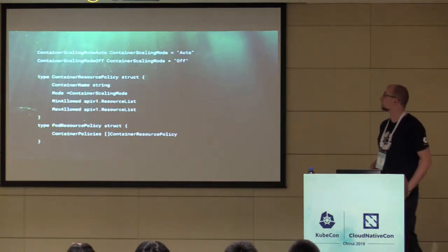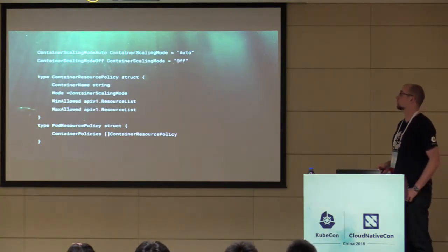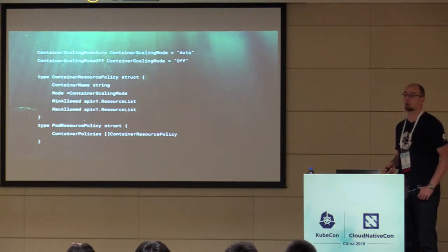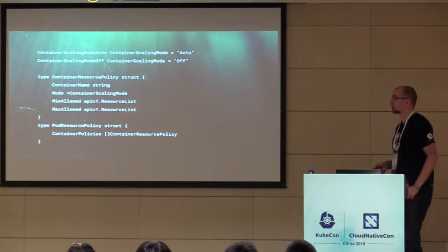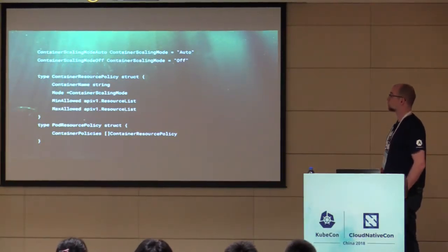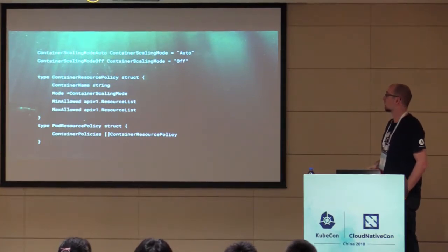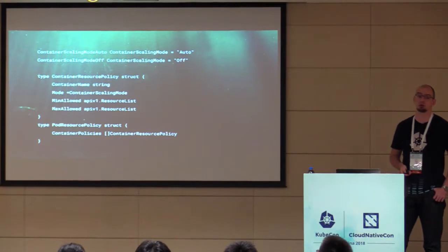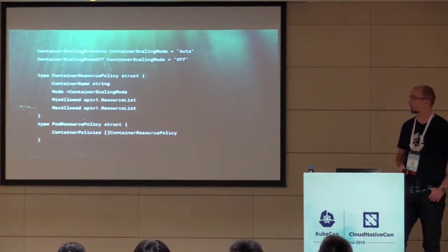The third element of spec allows you to specify which containers should actually be affected by VPA. So there is a container name here. You can also specify the minimum and maximum amount of resources that you want to give to individual containers.